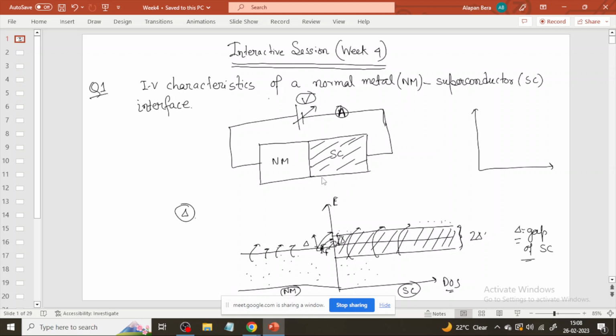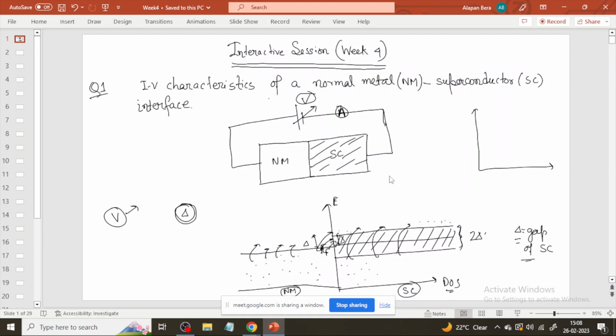So they have to get excited by this much energy to actually penetrate the surface and go to the superconductor. The only condition for current to flow in this circuit is that the voltage we apply from outside should cause an excitation in the electron's energy by an amount of delta. Otherwise, there will not be any flow of electrons, and no current flowing in the circuit.